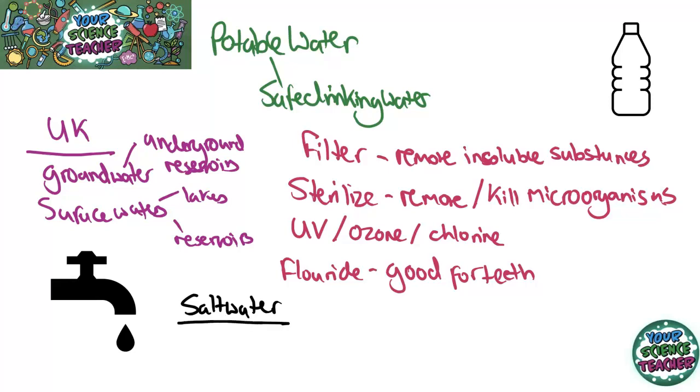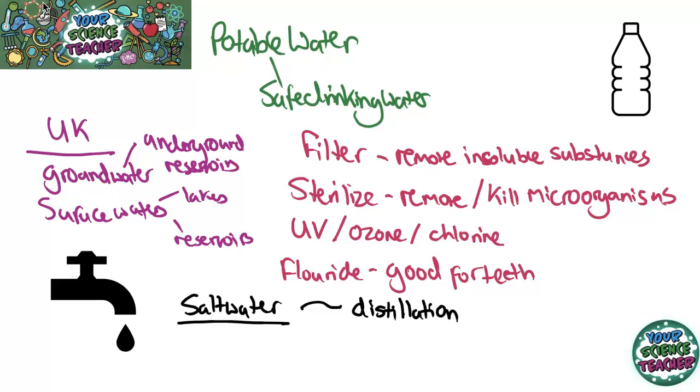And there's a few ways that you can do this. There is one way which is distillation, and we know what distillation is from other topics. We have to heat up our salt water, it will evaporate, and it will actually create pure water. Now, once you've got this pure water, you will actually need to add minerals to it because pure water is not good to drink in its pure form.